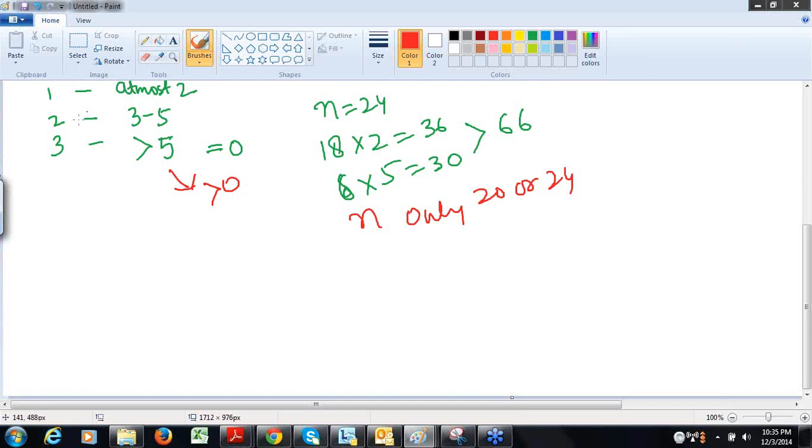Now let us take the condition where n is equal to 20. Now let us take n1, n2 and n3. What is n1, n2, n3?